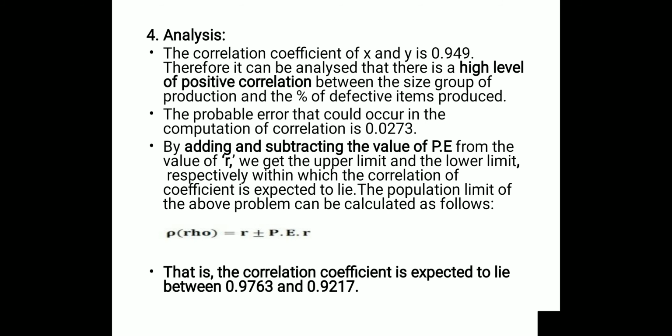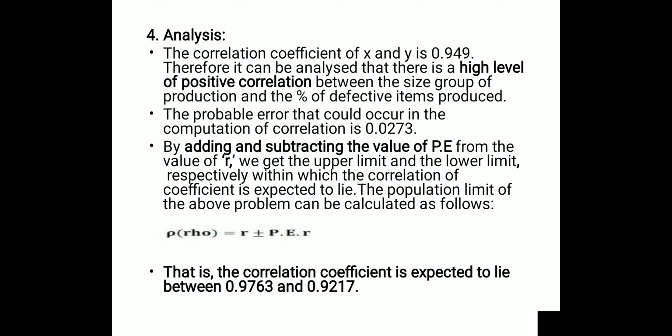Now let us look into the analysis part. The correlation coefficient of x and y is 0.949. So we can say that there is a high level of positive correlation between the size group of the production and the percentage of defective items which is produced. The probable error that could occur is 0.0273.